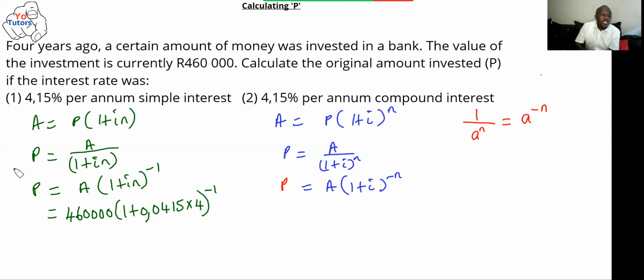And for the compound side, it's going to be equal to 460,000 times (1 + 0.0415) in brackets to the power of negative 4. Now let's punch that and see what we get.